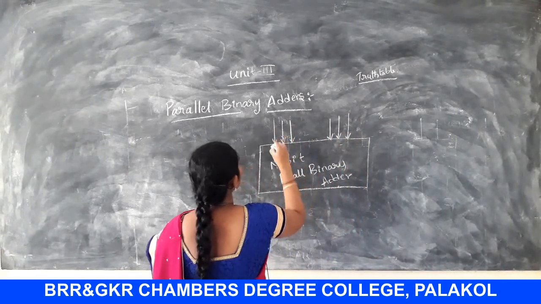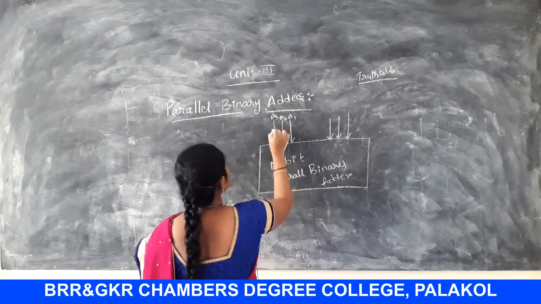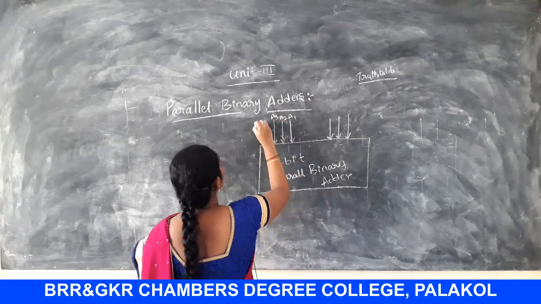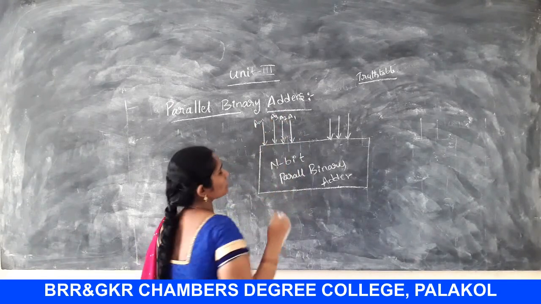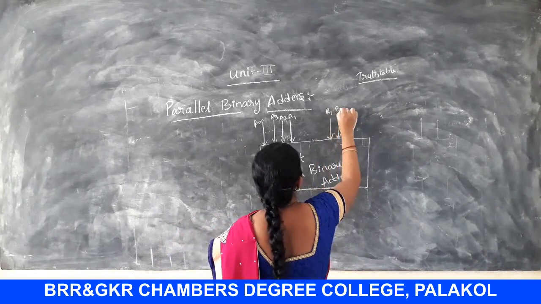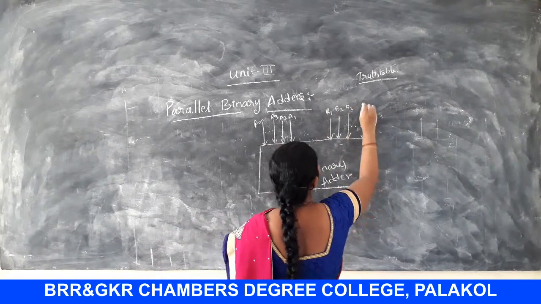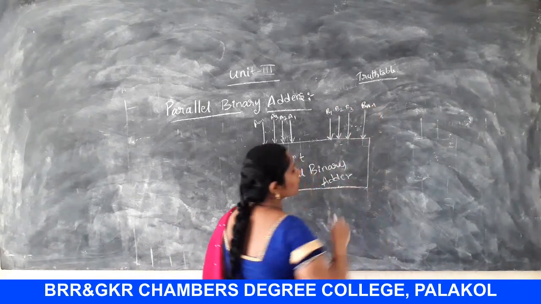Those inputs are A1, A2 and A3 and so on up to An minus 1, and these are B1, B2 and B3 and so on up to Bn minus 1.